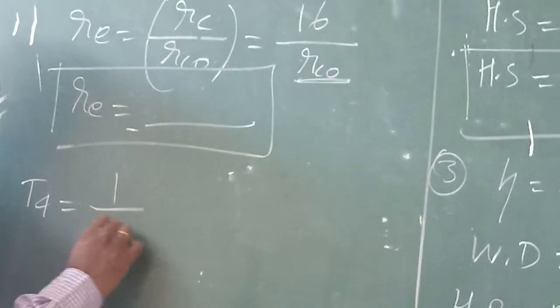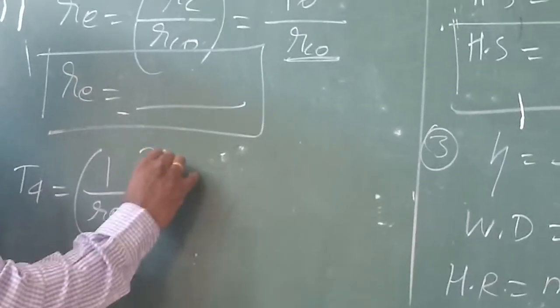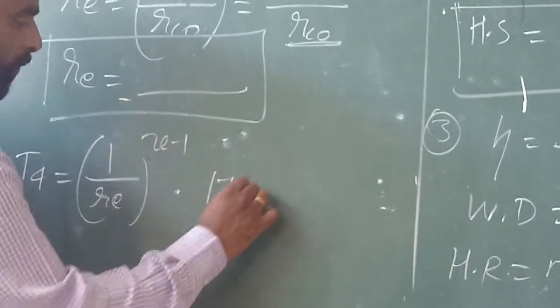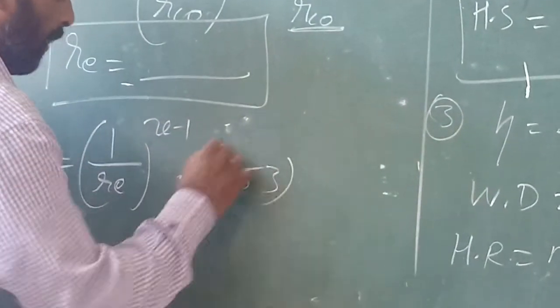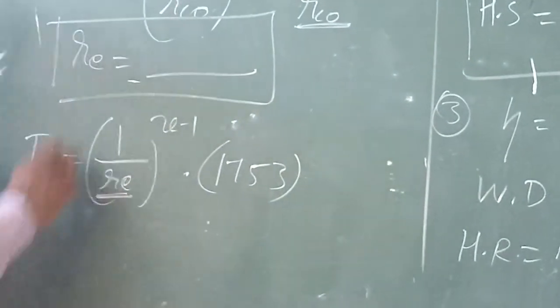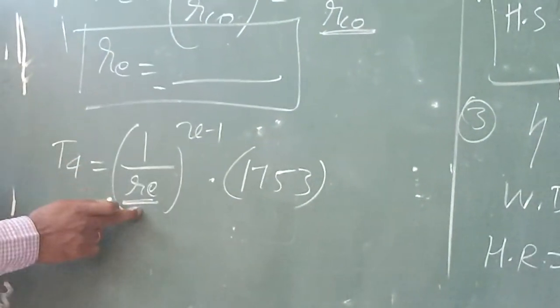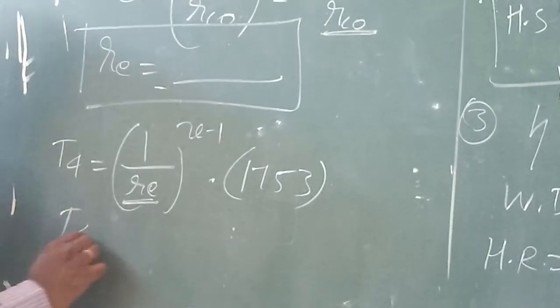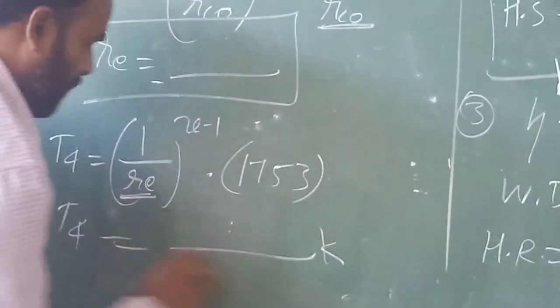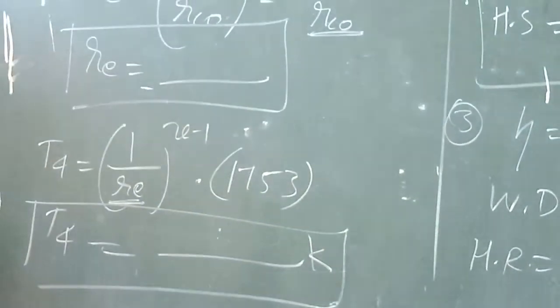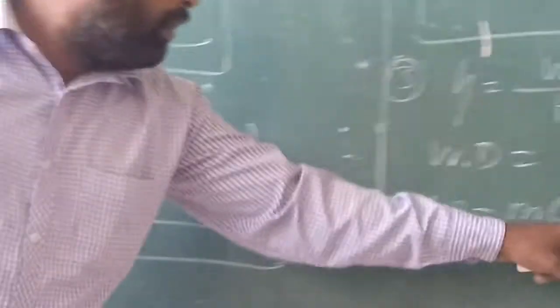Then we can find T4 equal to (1 by RE) power gamma minus 1 into T3, 1753. We can substitute the calculated value here and find T4 in terms of Kelvin. So now I know T4.